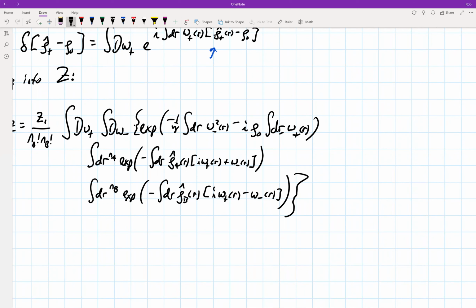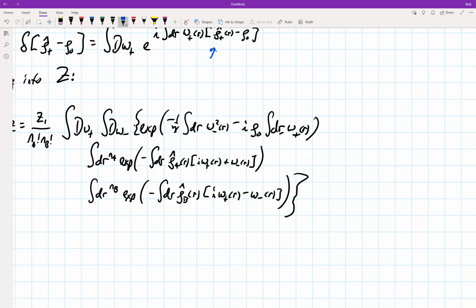But now, if you remember from last time, if we just look at one of these terms, if we just focus on the rho A terms, this looks just like what we had for the simple fluid field theory when we converted this term into the molecular partition function. We have a microscopic density multiplied by a field. In this case, the thing we're multiplying by is a sum of two fields.